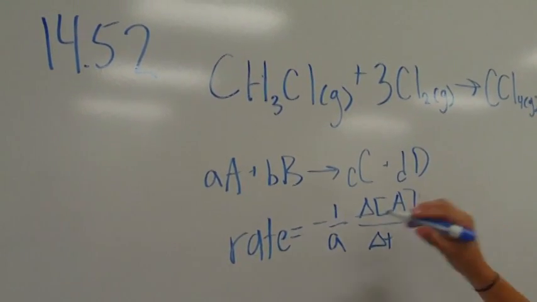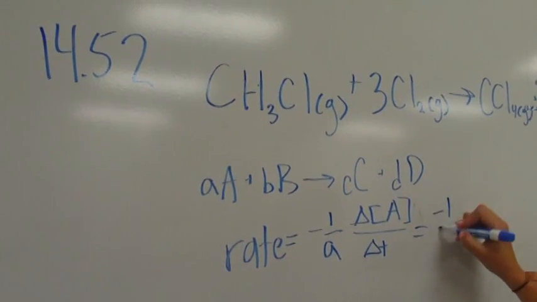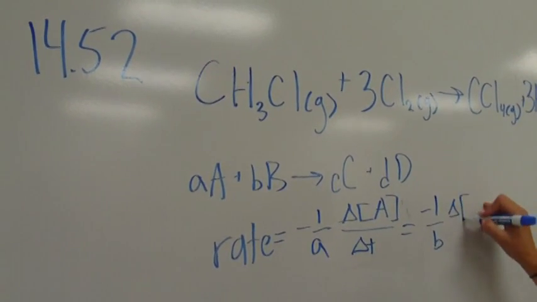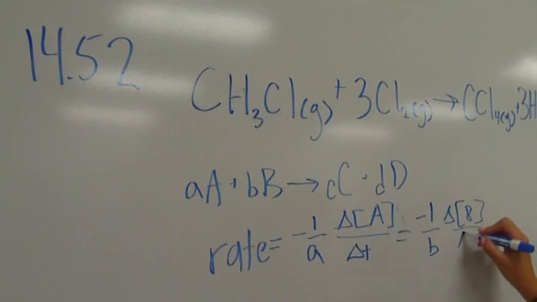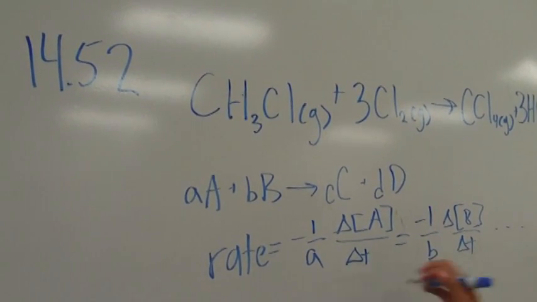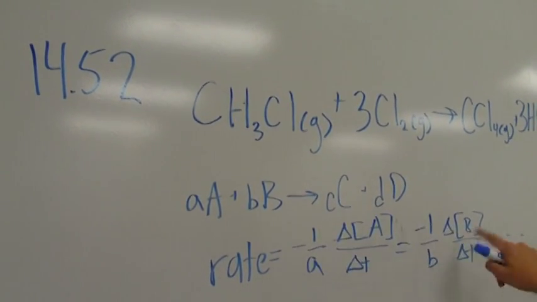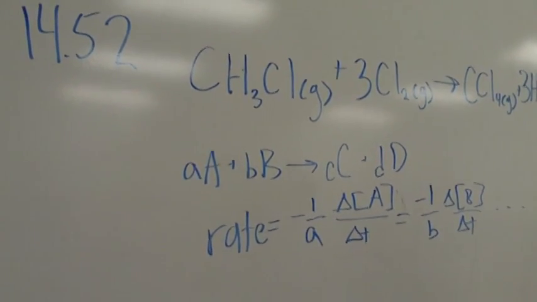And then also that's going to be equal to negative 1 over b, change in B over change in time, etc. Same for C and same for D going on.